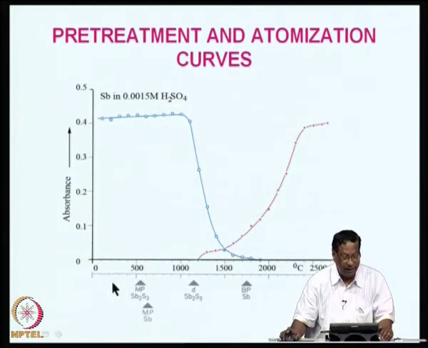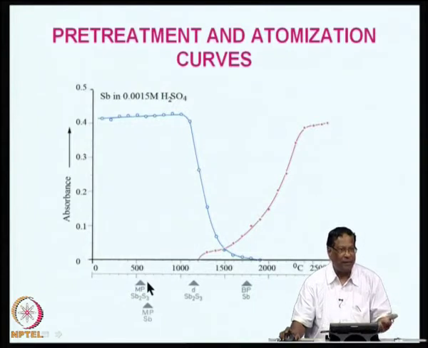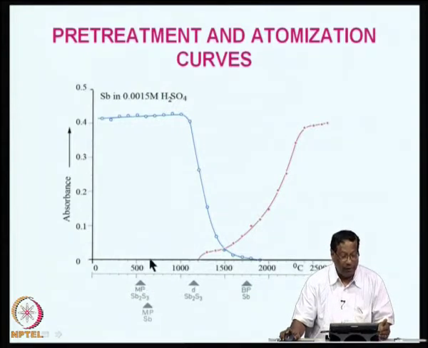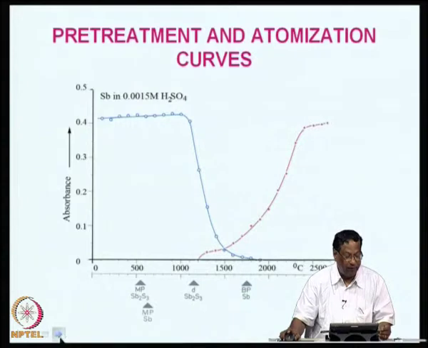We have checked that, and then somewhere around 600 antimony melts. Once it melts, the vapor pressure will start and you would be losing it, but with matrix modifier up to almost 1000 degree centigrade antimony can be determined without much losses. So, this is the advantage of matrix modification.